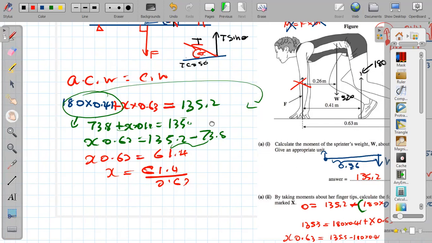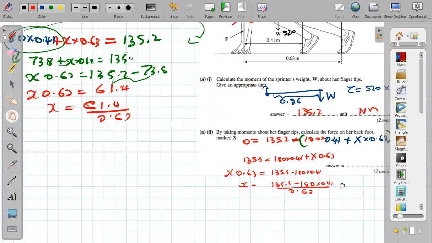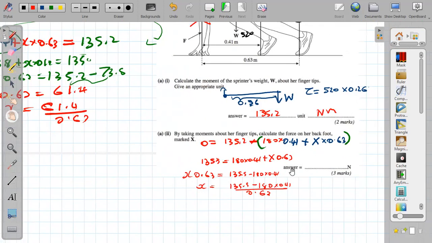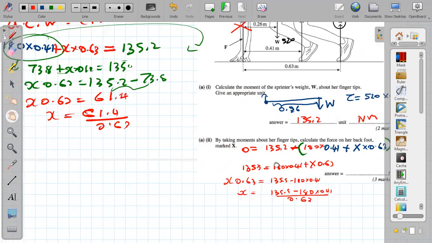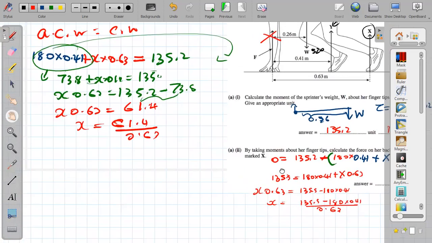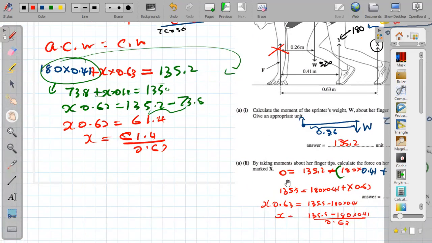Here you might have done some mathematical error. Ah, no, we didn't get the finalized answer. Don't worry about copying this.